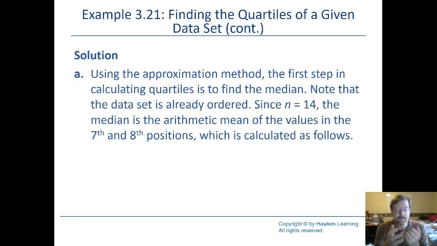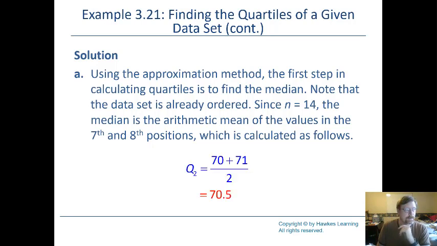Okay, so the first step is, of course, finding the median. Since in set A we've got 14 data points, the median is the arithmetic mean of the 7th and 8th positions, which is calculated like so. So we get 70.5.